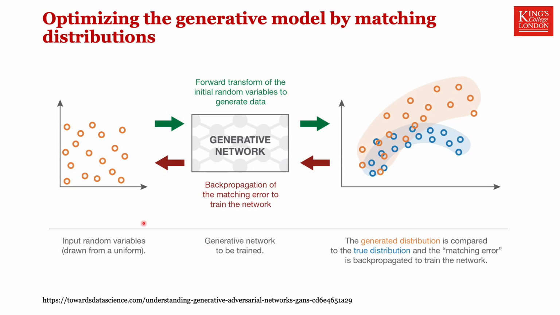So the idea here is that there are two components. There is one component of a generative model, which is to sample values. And when you sample these values, you feed them through a generative network and you generate the generated distribution, which is here in orange. So you generate some points in some high-dimensional space. In this case, this is a two-dimensional point where in x and y you have the first and the second element of that two-dimensional vector.